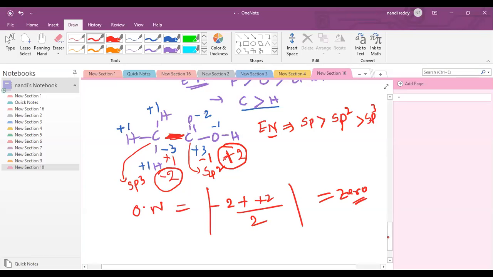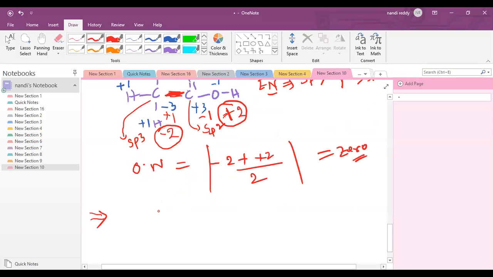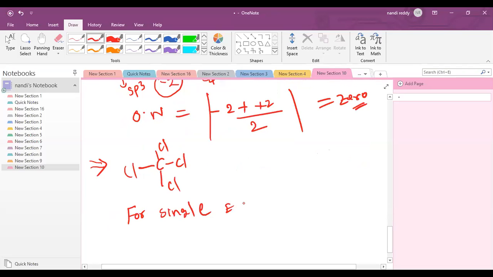Next example I am writing here. You can try it: CCl4. What is the carbon oxidation number? For single element compounds, meaning the central atom is only one element, I don't want to calculate too many things.